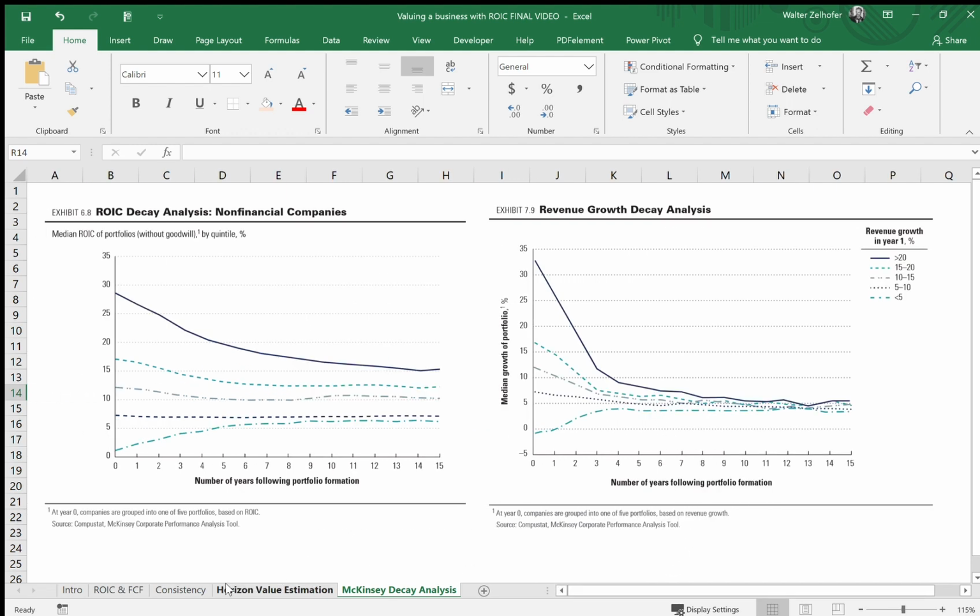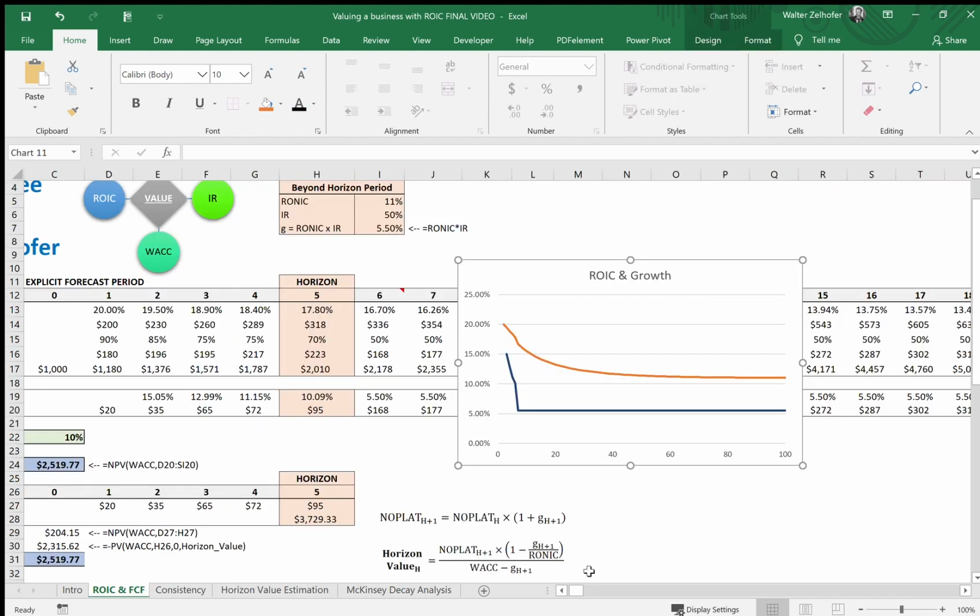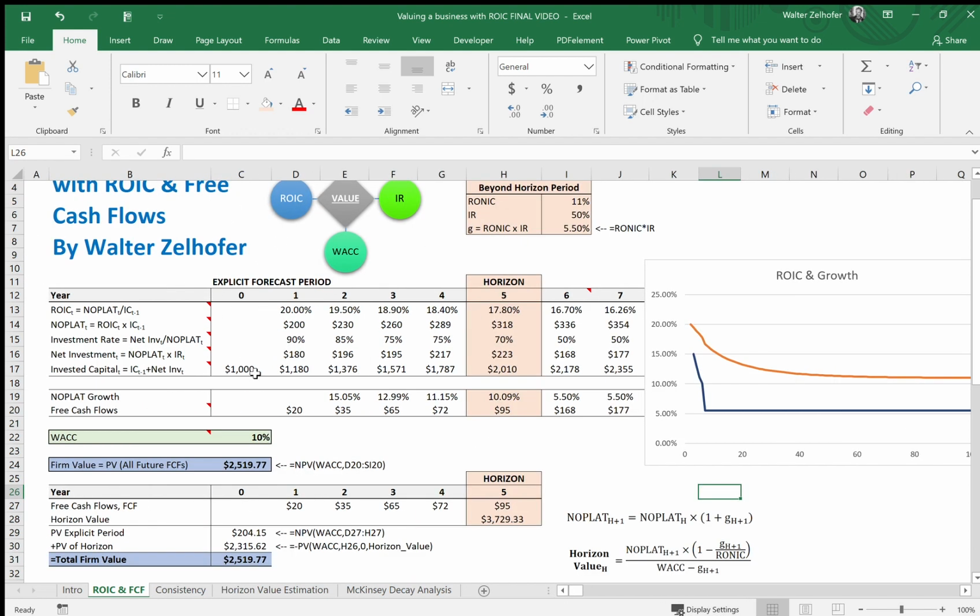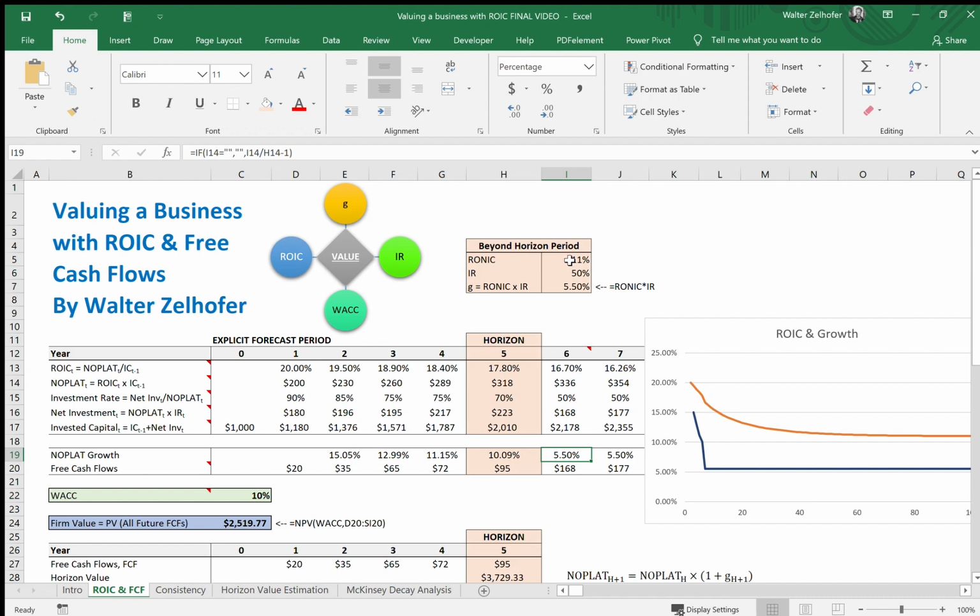So when you're modeling a business, I recommend you create a pro forma financial statement for at least 5 years and have the growth rate slowly decay. And then in year 5, you want to pick these two numbers such that the fundamental growth rate, which is the product of the return on new invested capital and the investment rate.